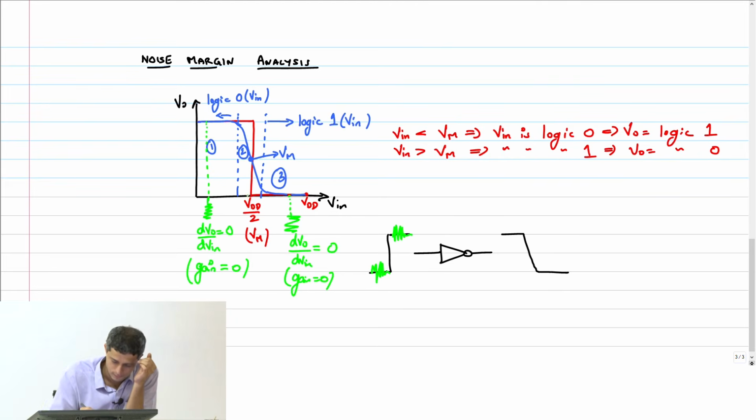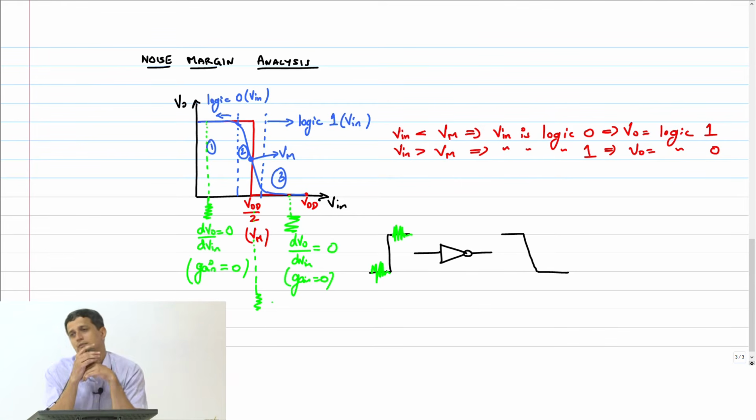Now what happens if I do the same thing in region 2? I will pull this thing here. I have a noise, or let me just maybe make it like a sinusoid. What will happen to the output here around Vm? Amplified, because the gain in this region is extremely high.